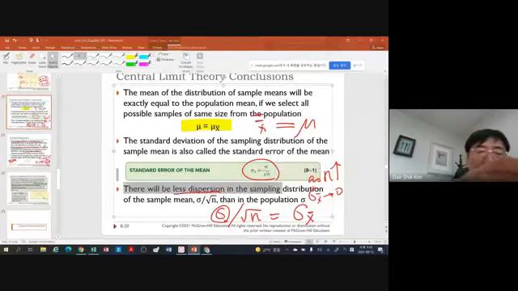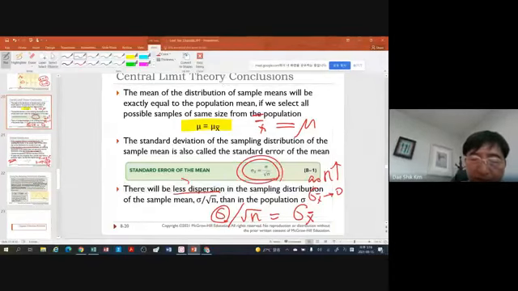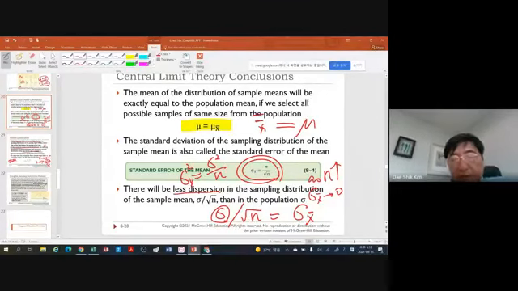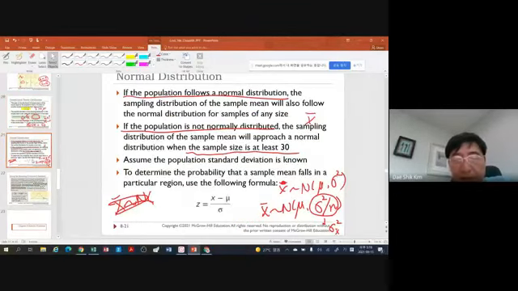When you take the square, sigma x bar square is equal to sigma square divided by n. The standard deviation should be divided by square root n. And then you can use the standard normal distribution table after transformation.